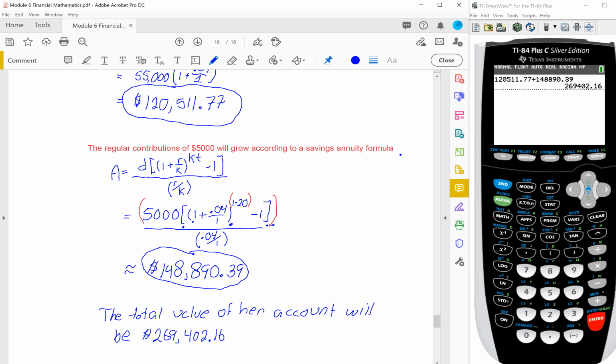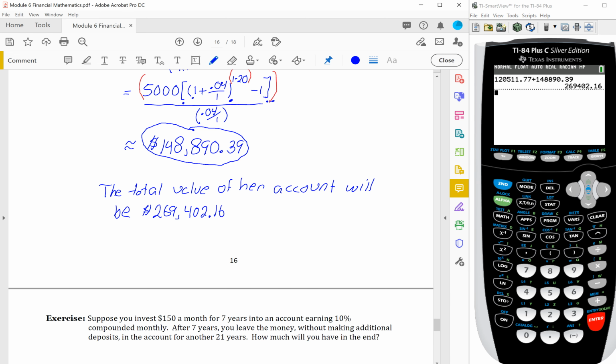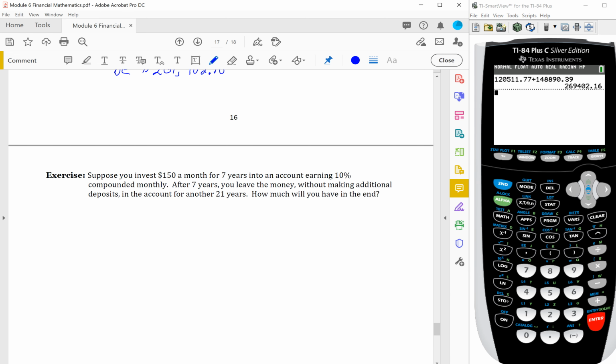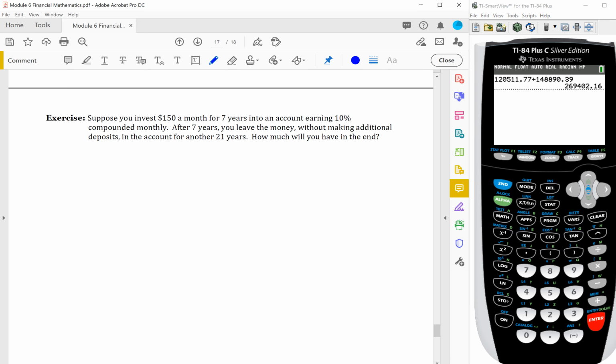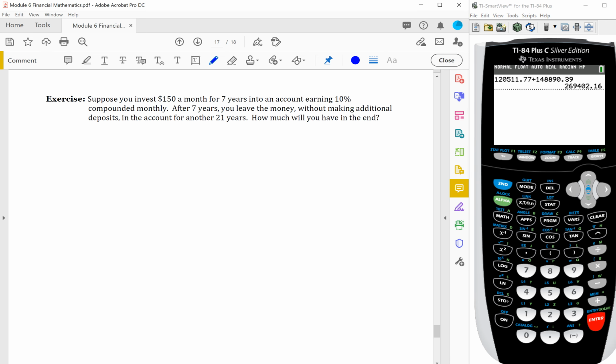Okay, let's look at another problem. Suppose you invest $150 a month for 7 years into an account earning 10% interest compounded monthly.